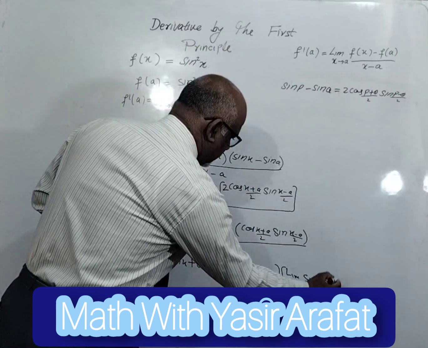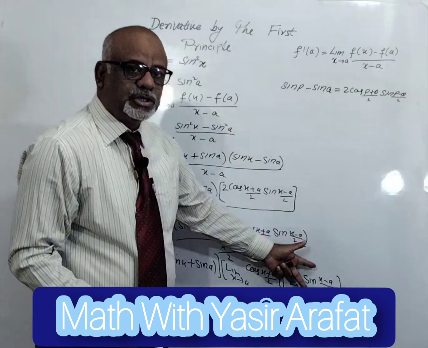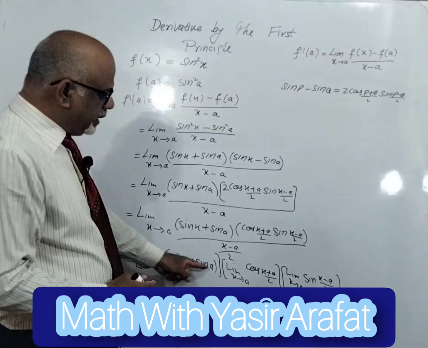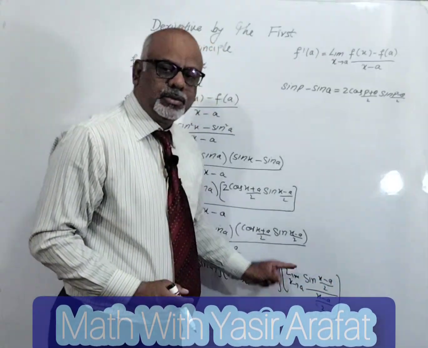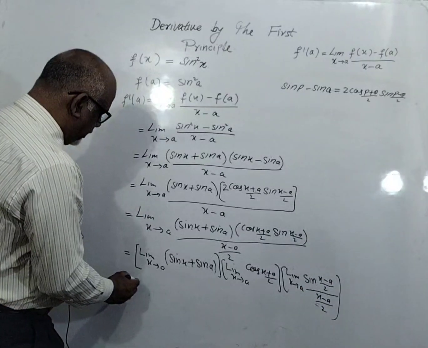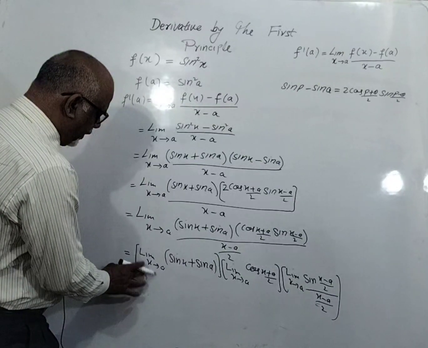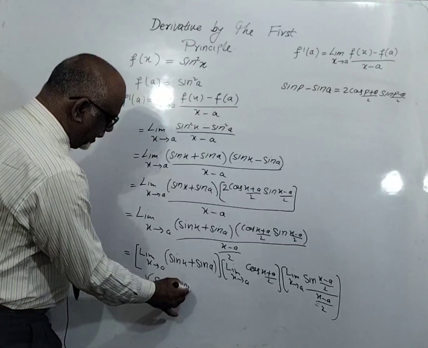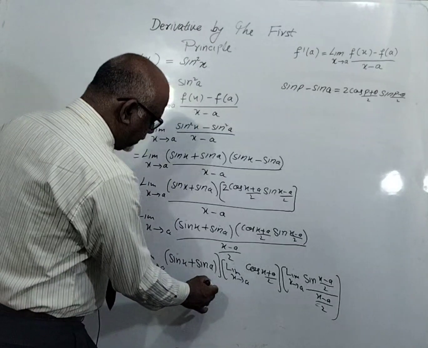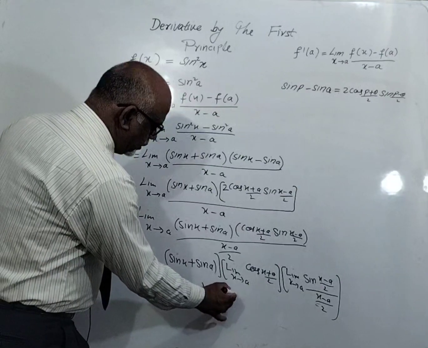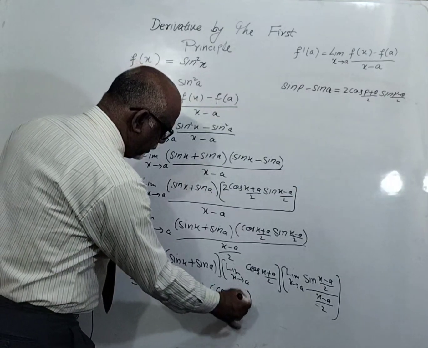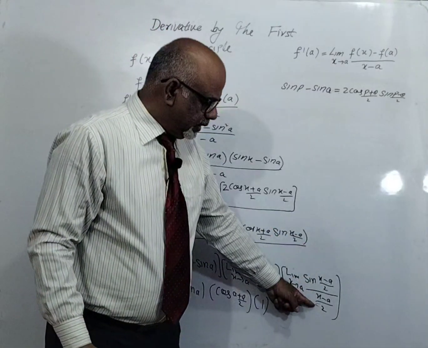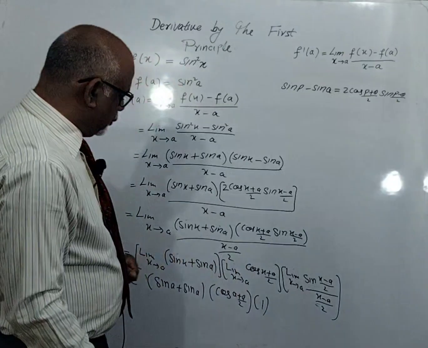So it becomes the sandwich theorem here, sine theta over theta. When we apply the limit, this whole factor will be equal to 1. So here we apply the limit, putting x equals a. So this is sine a plus sine a, and this is cos of a plus a over 2, and this equals 1. Sine theta over theta, by the sandwich theorem, is equal to 1.